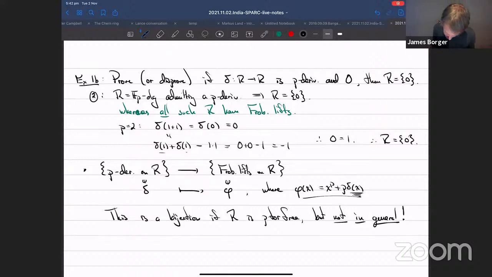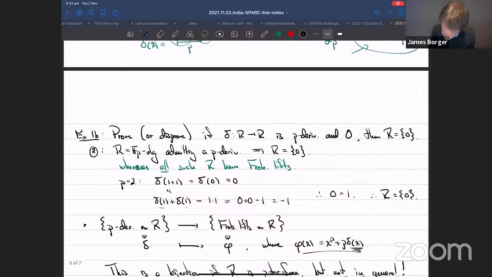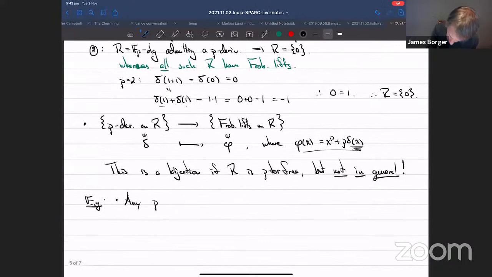Okay, so therefore, let's give some examples now. So, any p torsion free ring is an example of a ring with a p derivation. Oh, maybe I forgot to say that. Let me add that.